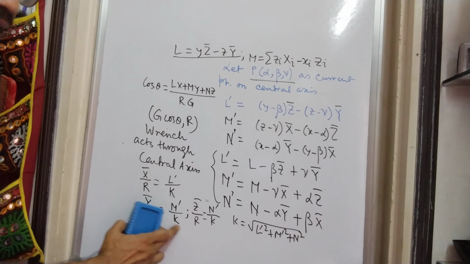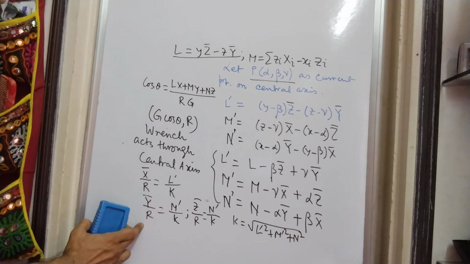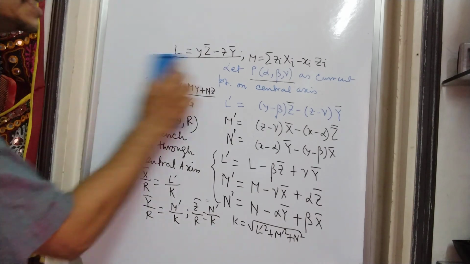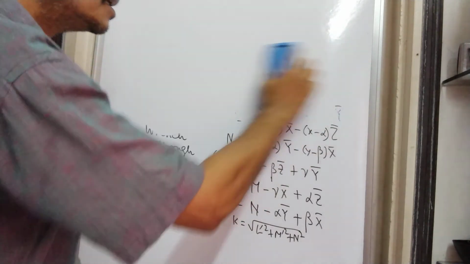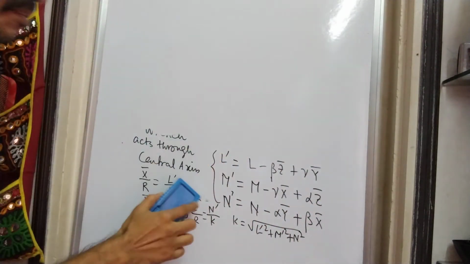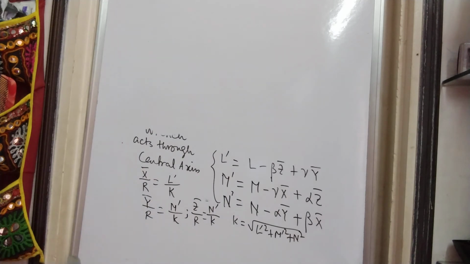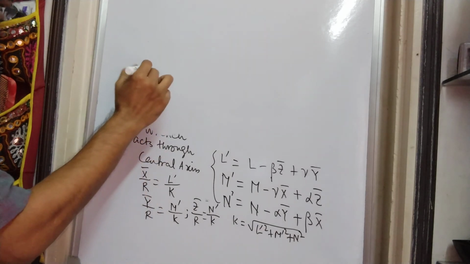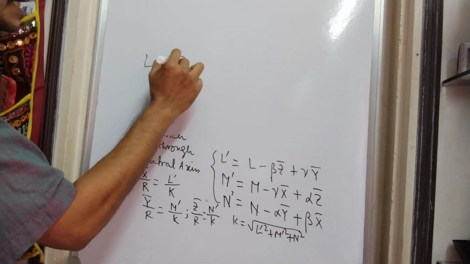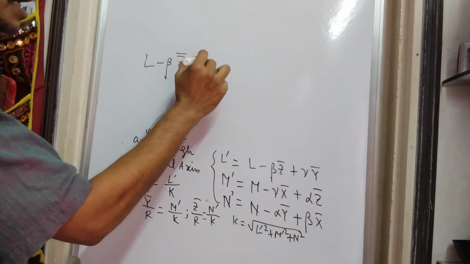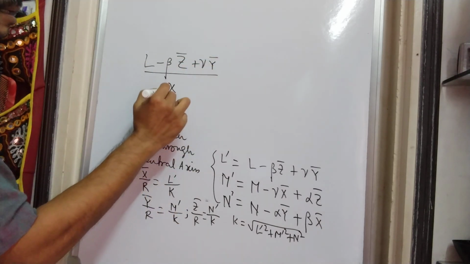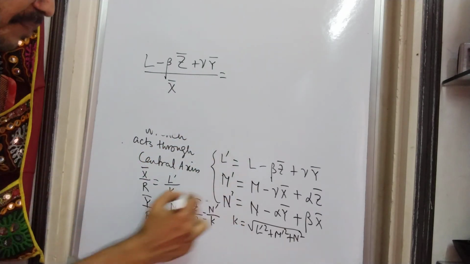We will put Y bar here, and this will be k by R, and similarly N prime by Z bar will be k by R. Just see, I am keeping this equation and this equation here, and from here we can write that L prime is nothing but L minus beta Z bar plus gamma Y bar by X bar, and that is equal to M prime by Y bar.